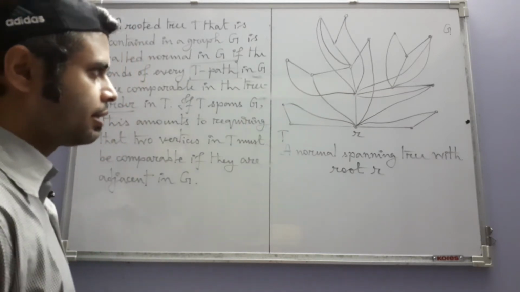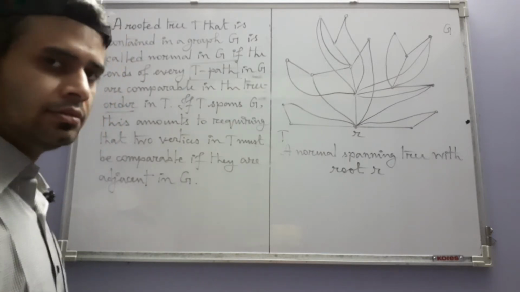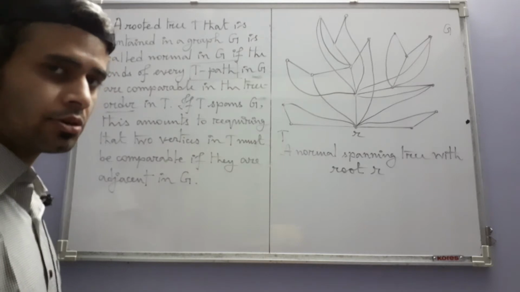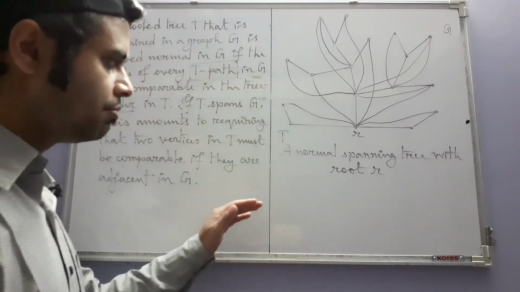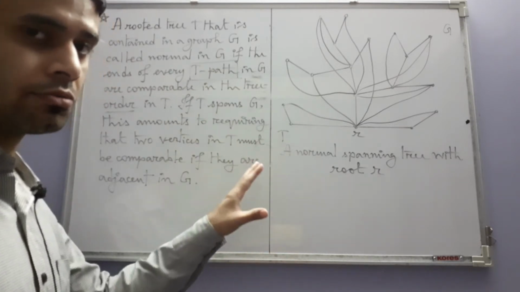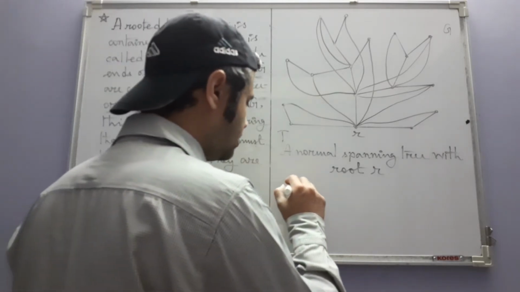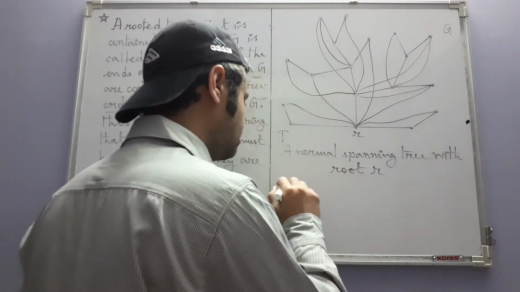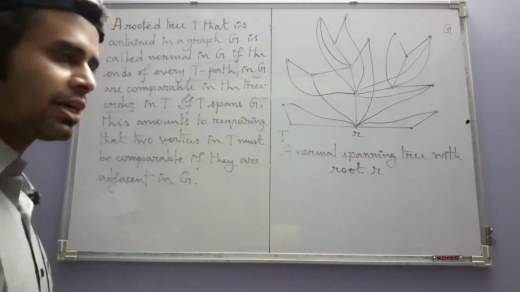You may think that a T path is a path in T, in the tree T, but that is not the case. You see, we have already seen some equivalent conditions for a graph to be a tree, that fundamental theorem on trees, in which T is a tree if and only if T is maximally acyclic.